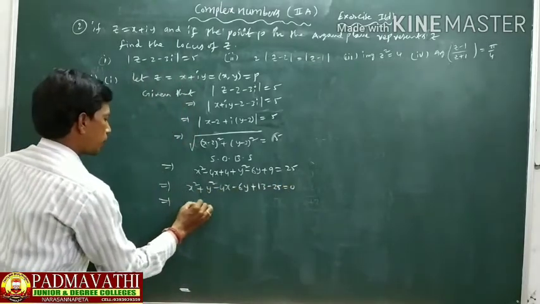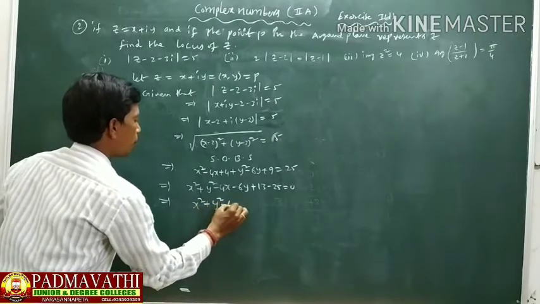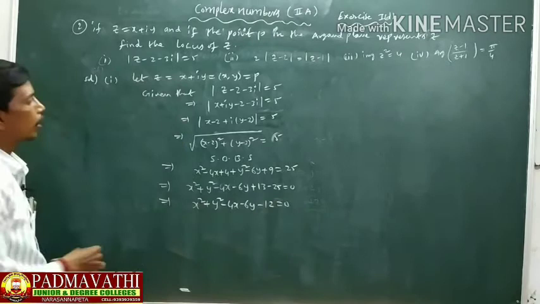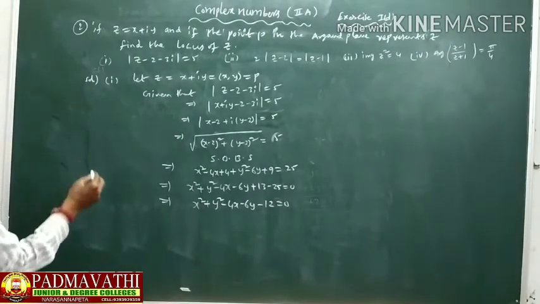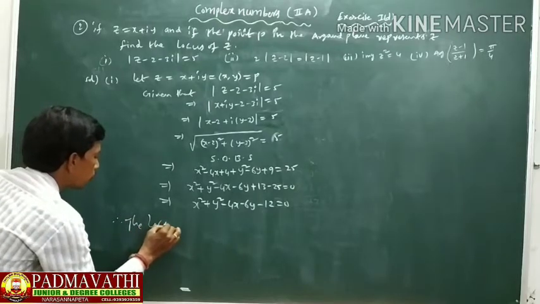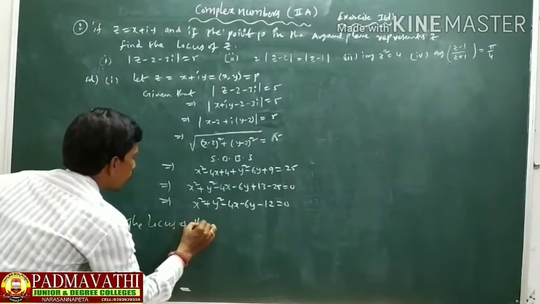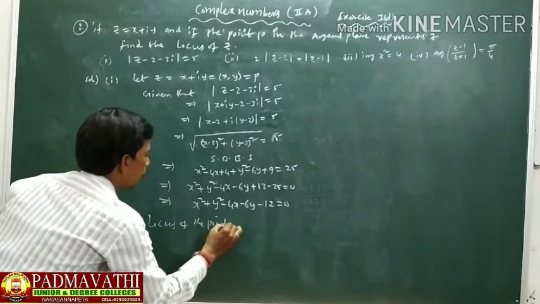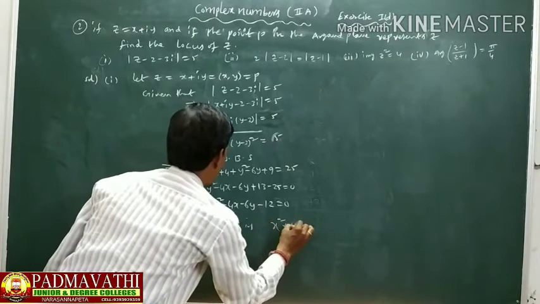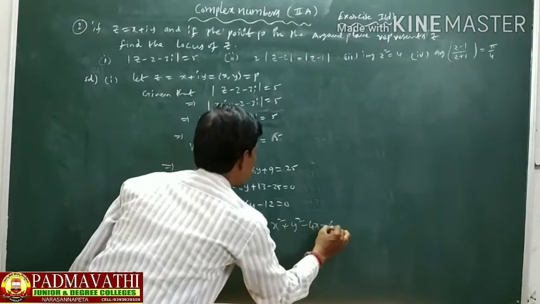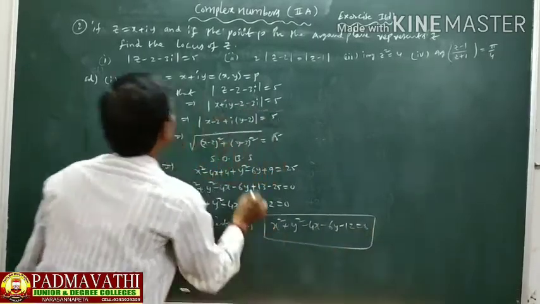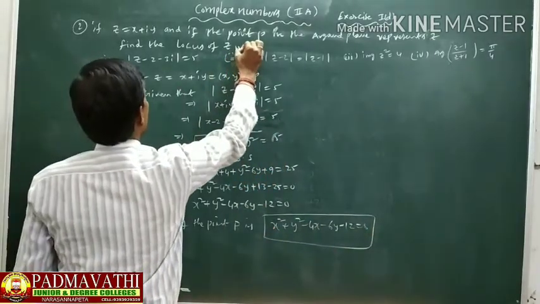That implies x square plus y square minus 4x minus 6y minus 12 equals 0. So that is the required locus of the point P. Therefore, the locus of the point P is x square plus y square minus 4x minus 6y minus 12 equals 0.